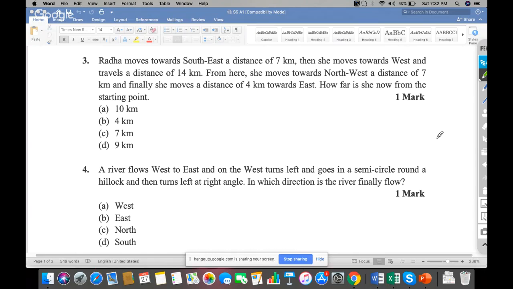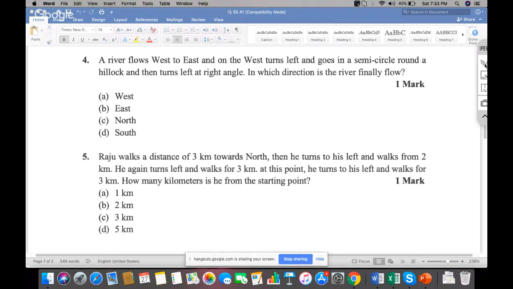Question number 4 also most of you are saying me 4B. So a river flows from west to east. So this is west to east.